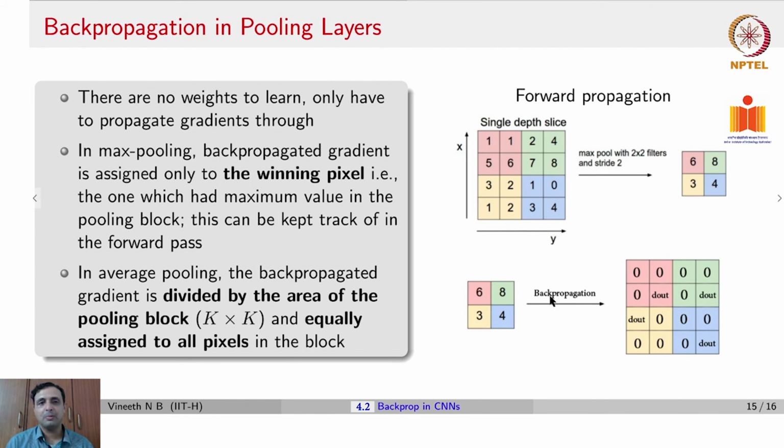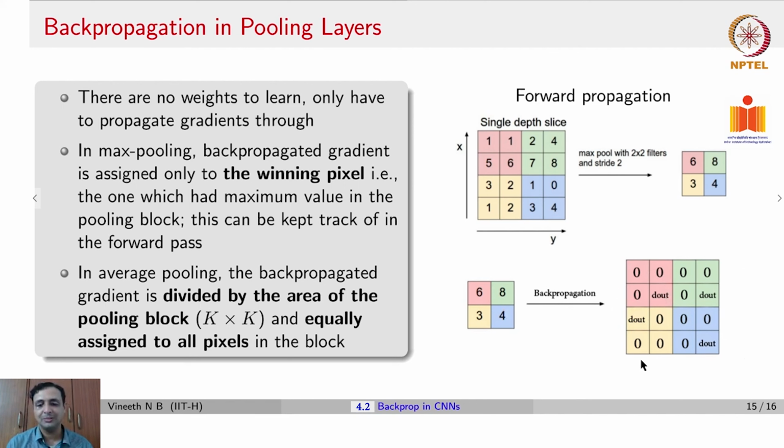In the backprop step in the same layer, you keep track of the winning position in each 2 cross 2 window. For example, we know that 6 came from this position of the first 2 cross 2 window. So whatever gradient we have at 6 when we backpropagate goes to that location in the previous layer. Remember, backpropagation is drawn the other way here, but this is the previous layer.